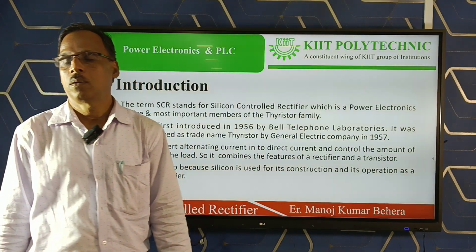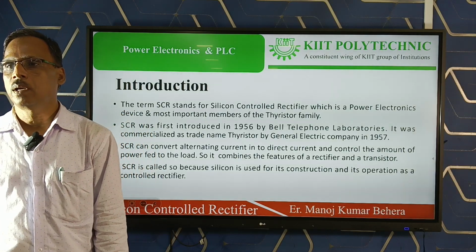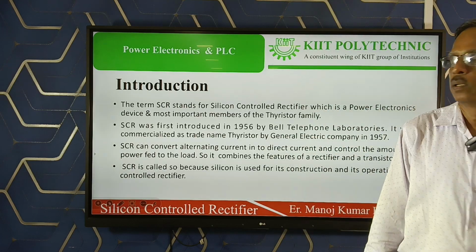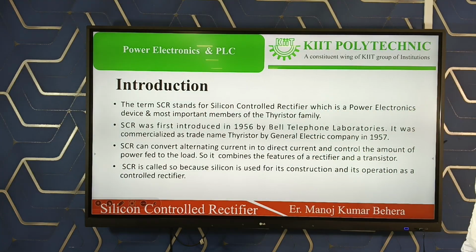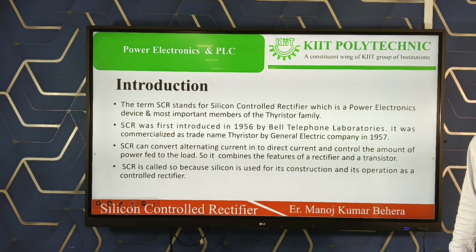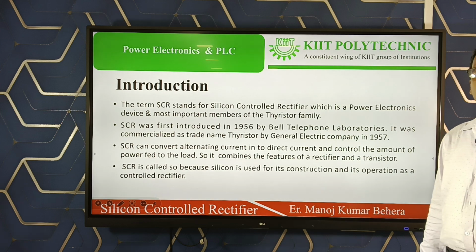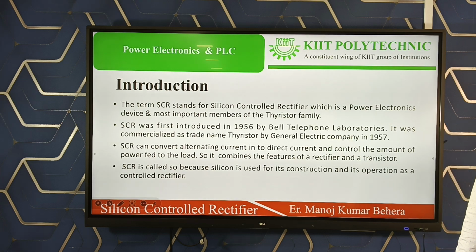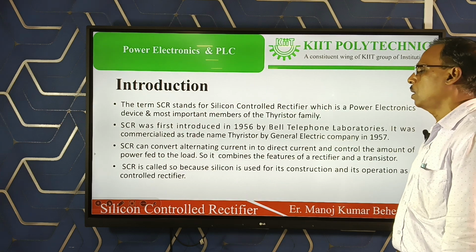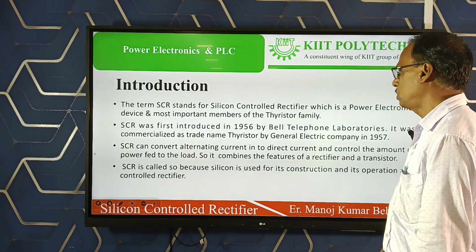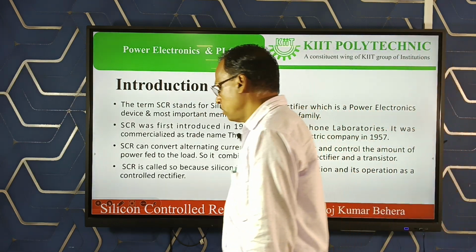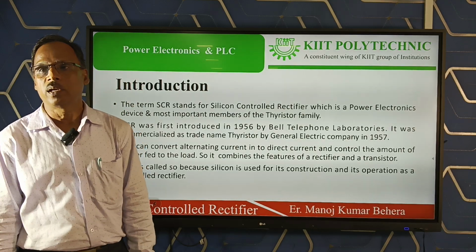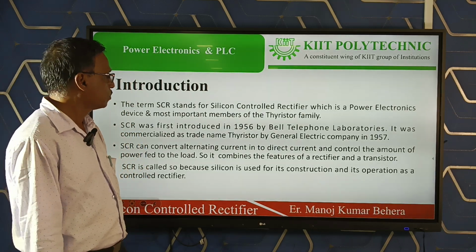So, what is SCR? SCR stands for Silicon Controlled Rectifier. Why is the term SCR used? Silicon material is used for its construction and its action is controlled rectification. It was invented in the year 1956 by Bell Telephone Laboratory in the USA.